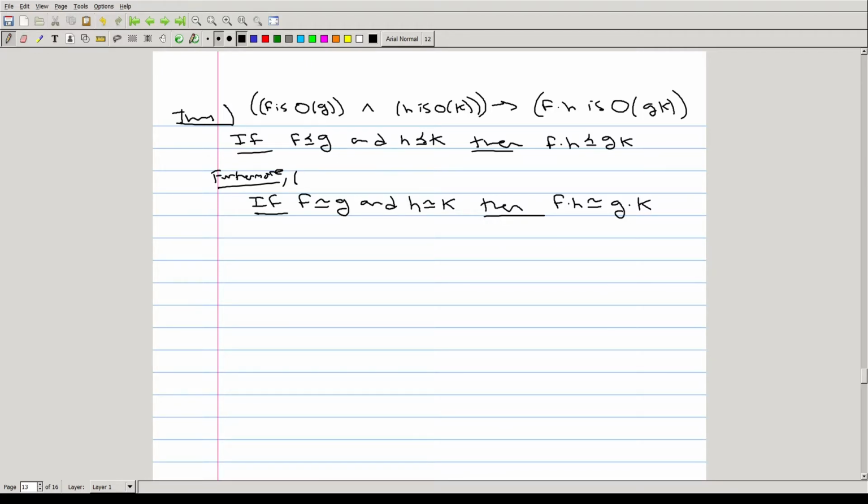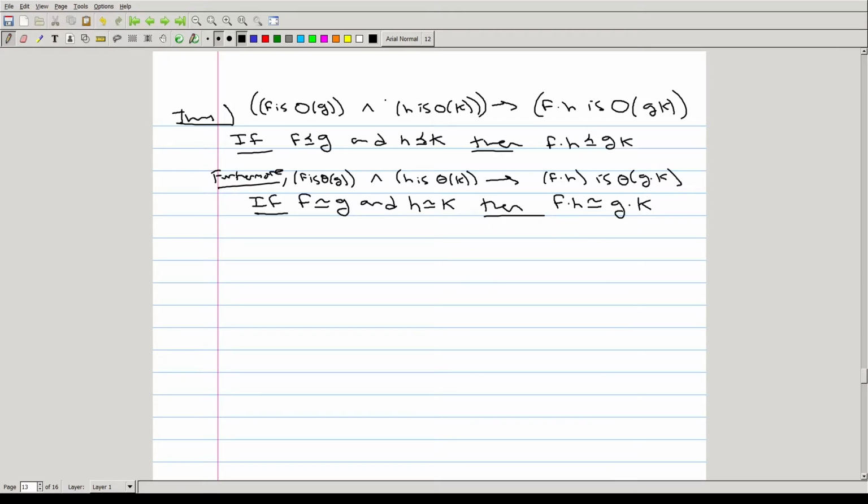Remember, this is saying that if f is big theta of g and h is big theta of k, then f times h is big theta of g times k.